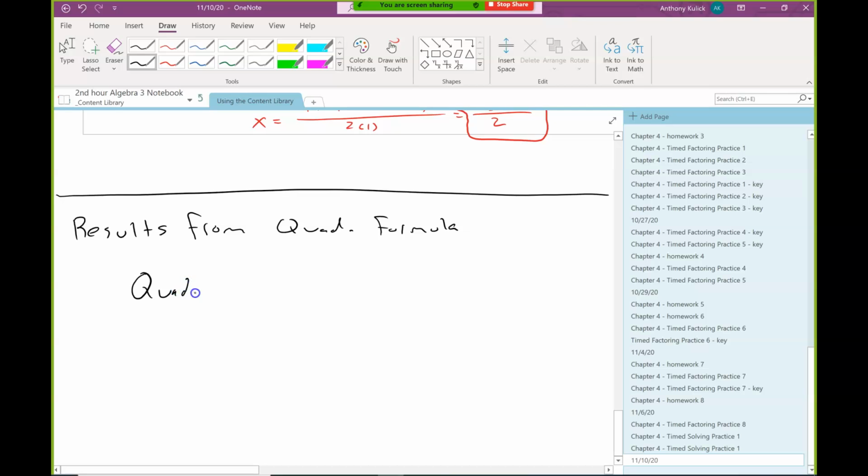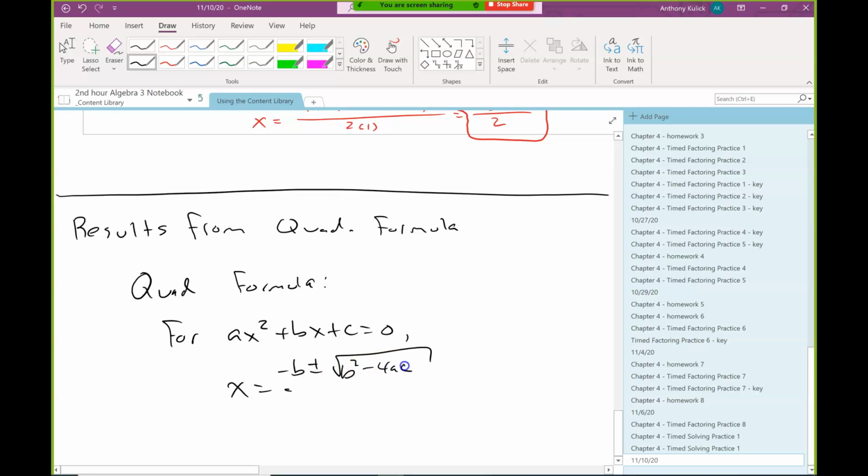So what I want to do today is take a few minutes and talk about some other things we can use the quadratic formula to do, other than just solving. So again, if you didn't remember, we're talking about this. For ax squared plus bx plus c equal to 0, x is equal to negative b plus or minus the square root of b squared minus 4ac, all over 2a.